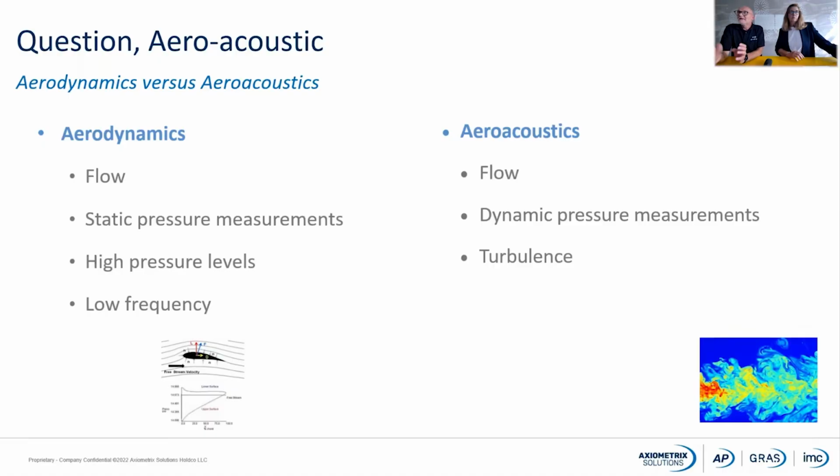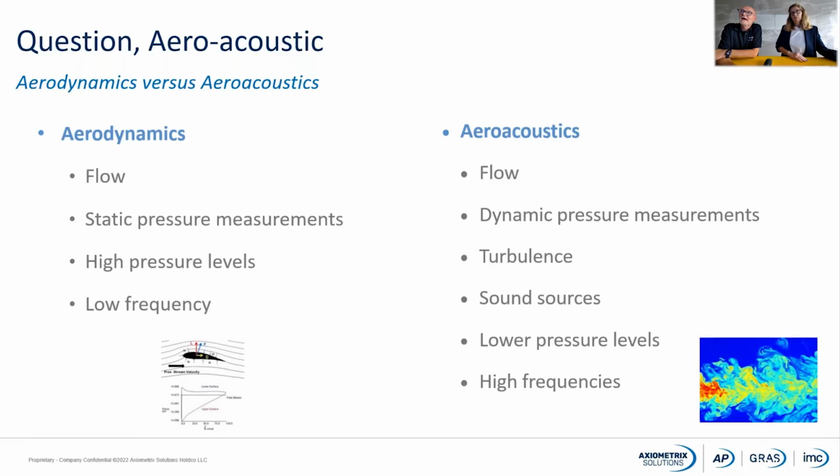It's normally a turbulent field, so we will have a lot of turbulence. We are looking for sound sources. Normally it's relatively lower sound pressure levels and higher frequencies we are looking for.